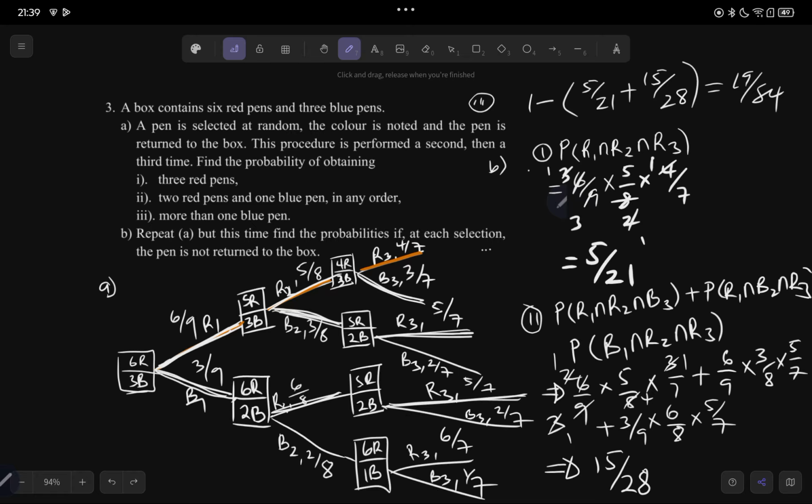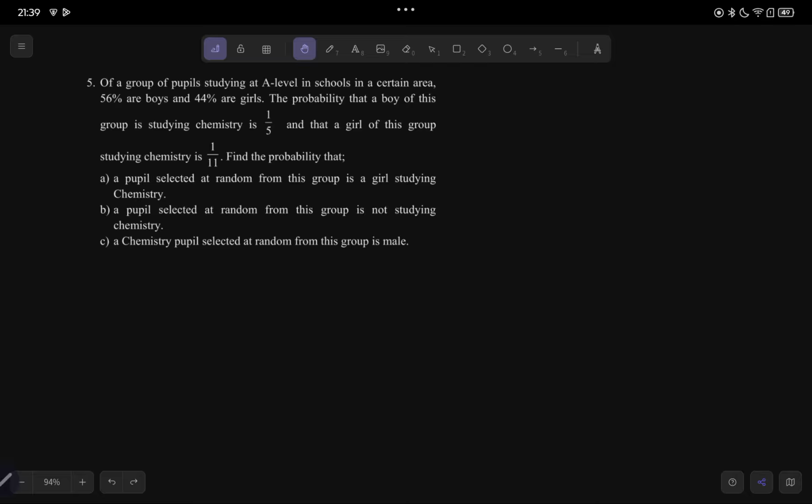Allow me to go to the last question. I'm holding it number 5. I had put there number 4, but I discovered that I had made a typing error in it, so I removed it. So number 5, of a group of people studying at A level in schools in a certain area, 56% are boys, and 44% are girls.